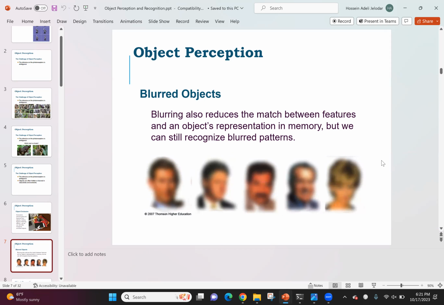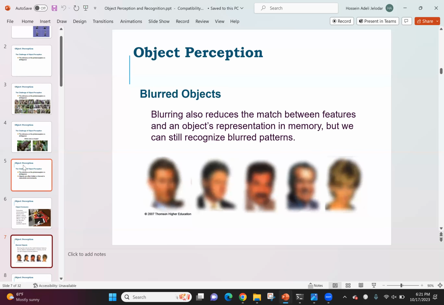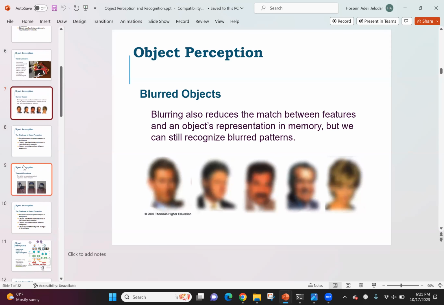This is Bill Clinton, and this is Anna, and Nixon. So this is not an easy task, to recognize faces among millions of faces when you get such a blurry input. And again, it shows how good we are at this.